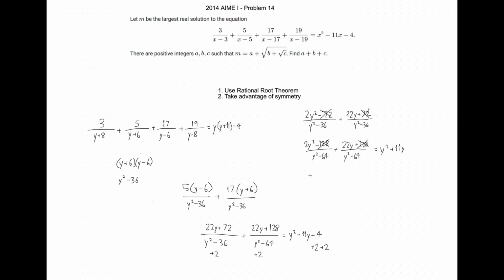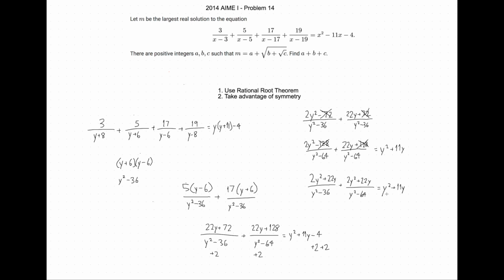And now we can combine all of this into a one-line equation just so that it's easier to see. And now this equation looks a lot simpler than this, even though it's still a 6th degree polynomial.